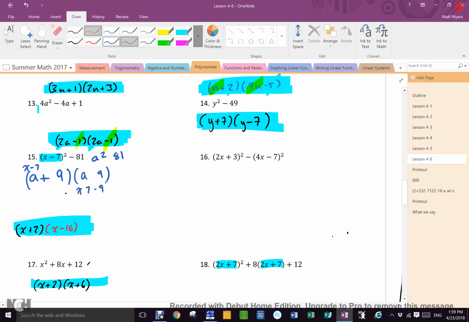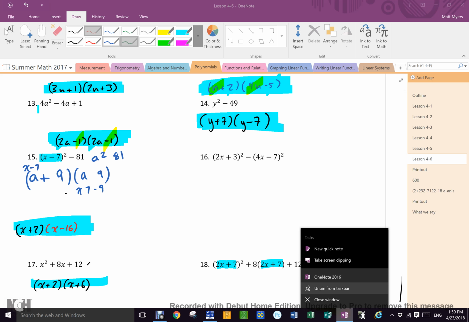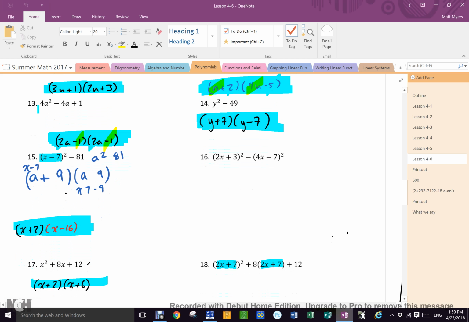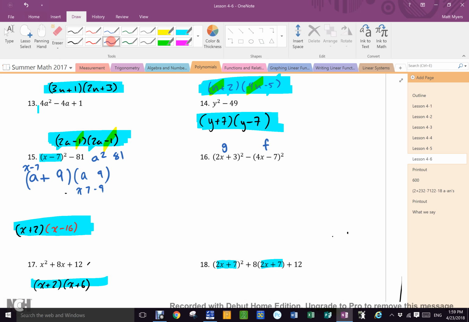What would be a better letter to use? Z looks like 2's. G, and do I need one letter or 2 letters? Why do I need 2 letters? Because they're different. So I could use G and F, couldn't I? So isn't this G squared minus F squared?